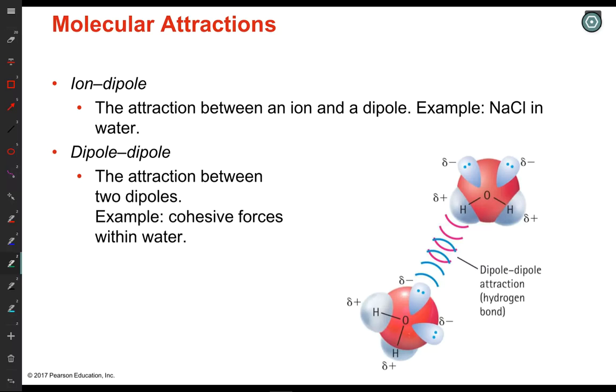And so you have an attraction between the positive hydrogen and the negative electron pair there in the water molecule. And that's a pretty strong force. As I said, that's the force that makes water stay together. And we'll see a comparison of boiling temperatures and see what difference it makes if we have these dipole-dipole forces.